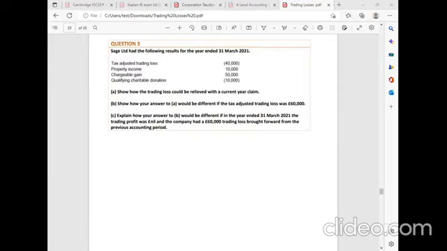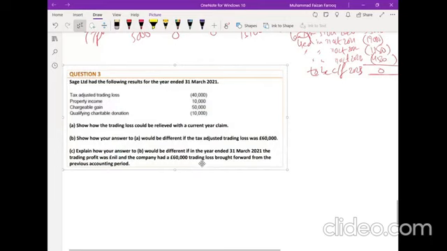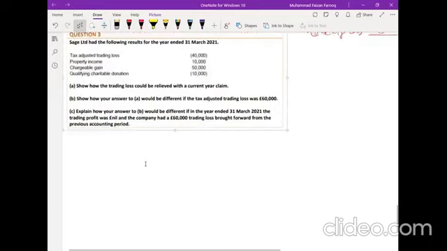Show how the trading loss could be relieved with a current year claim. Okay, requirement A only we are going to discuss first.